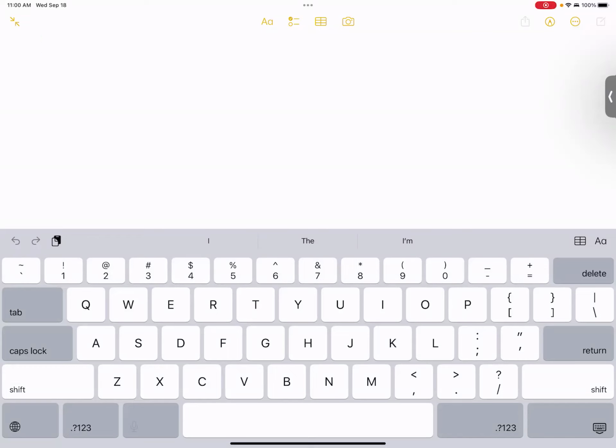I have a stapler. It doesn't matter. I'm sorry.